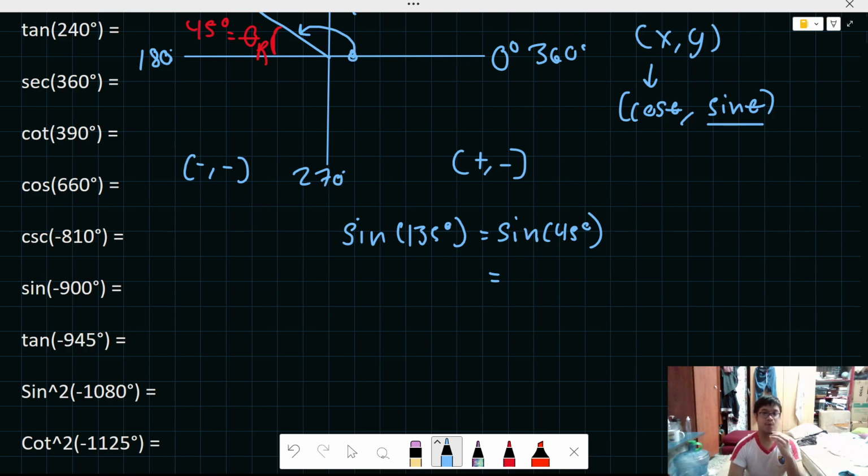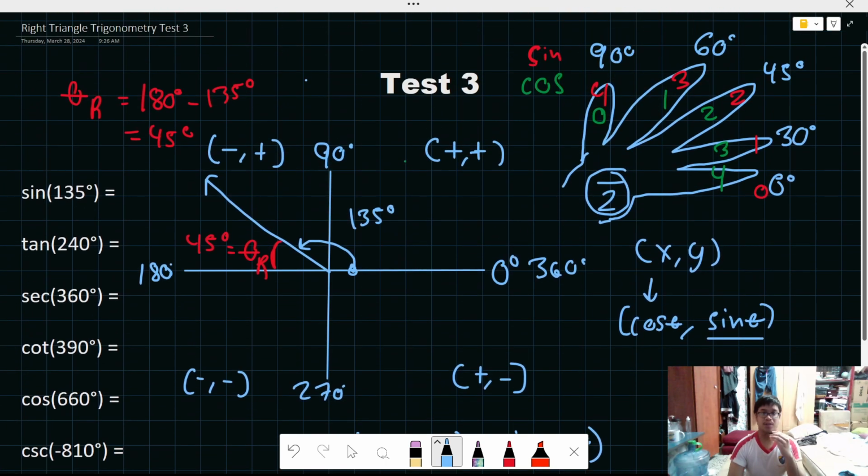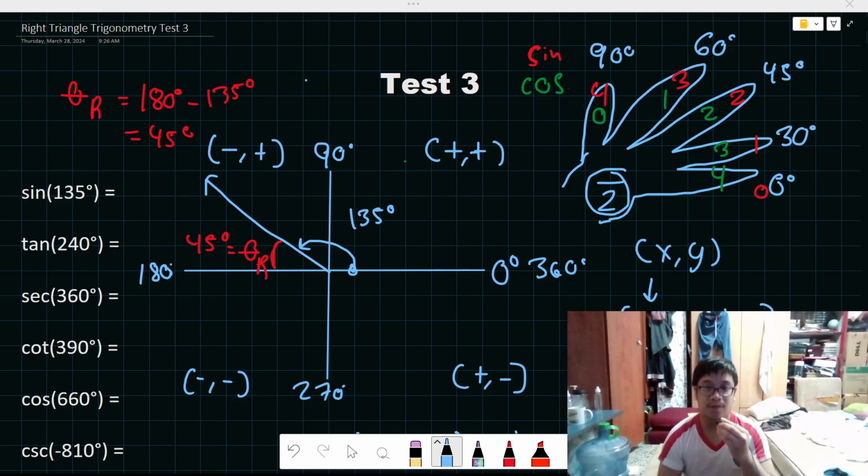So what is sine of 45 degrees? Let's start from your fingers here. Wait, hold on. Let me enlarge my camera. There we go. We're going to start with my hand here. If it's sine, start from your pinky finger: 0, 1, 2.